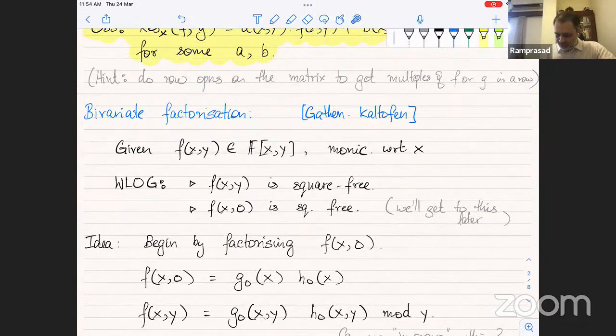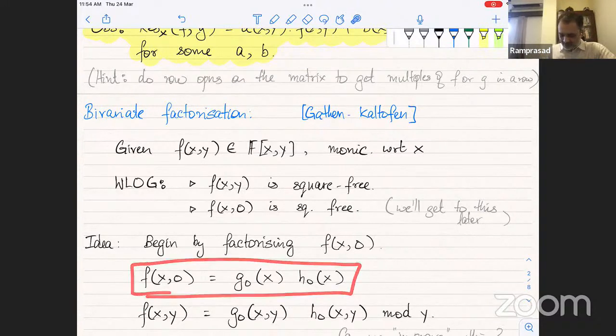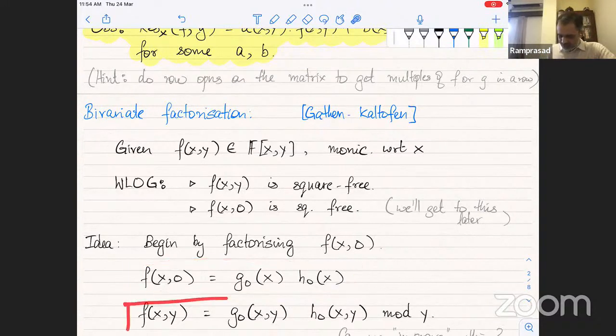So I'm going to pretend as if g0 and h0 are bivariate polynomials when they really are not. They're univariate polynomials in x. So the above equation is the same thing as saying f of x comma y can be factorized into g0 of x comma y and h0 of x comma y mod y.